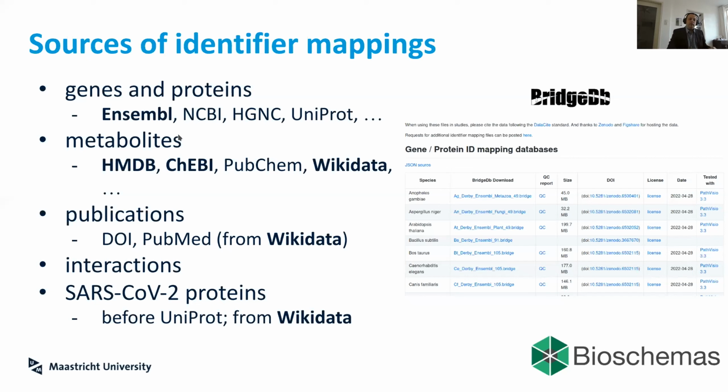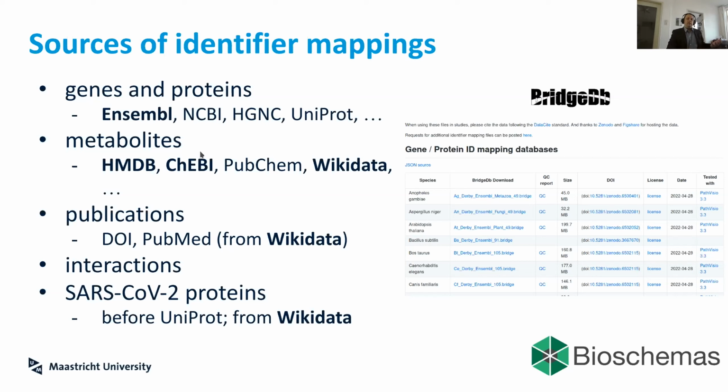And for genes and proteins, I want to give a huge thanks here to the Ensembl project, which has been making these identifier mappings available. Without this actual data, BridgeDB would not have the role that it has right now.